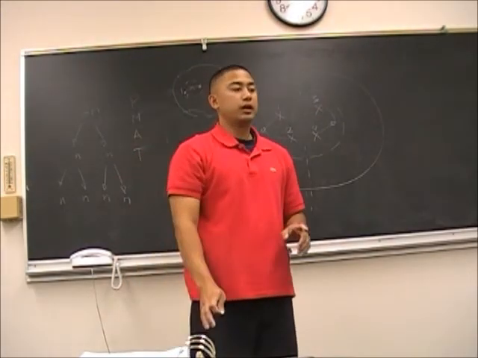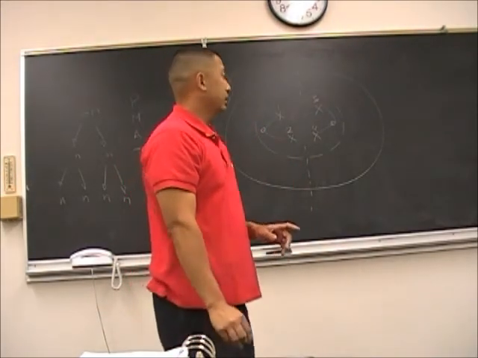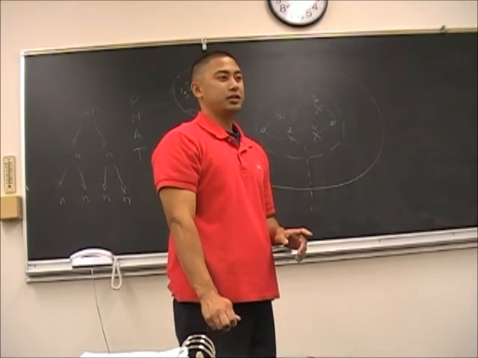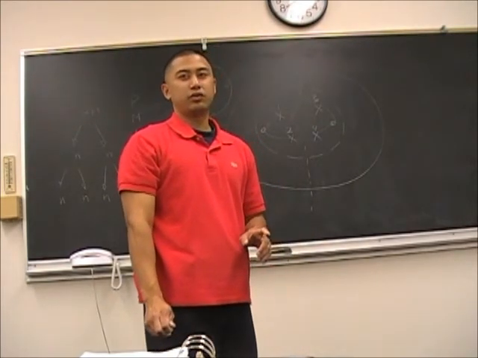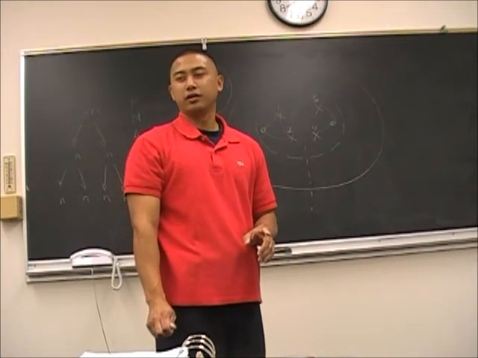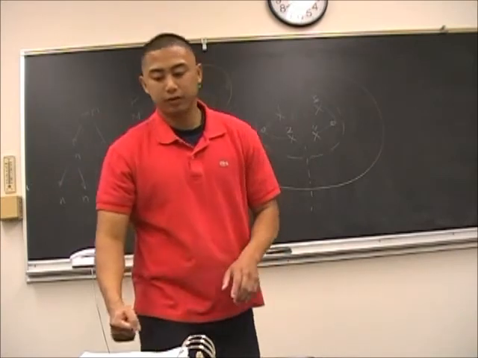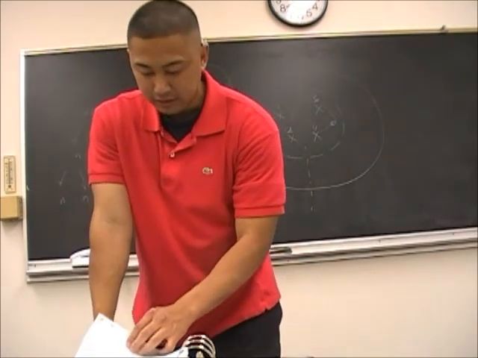That's one possibility. Another possibility could be 1 and 3 on this side, and 2 and 4 on that side. So there's the law of independent assortment, which is Mendel's second law. And we're going to cover that as well, towards the end of our class.